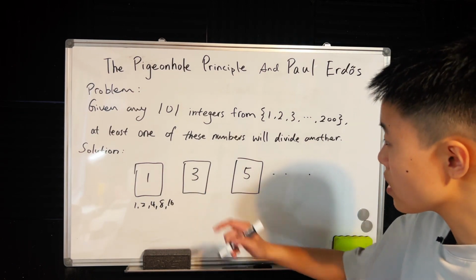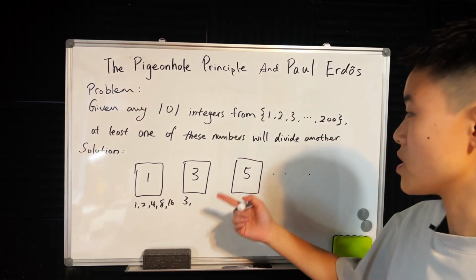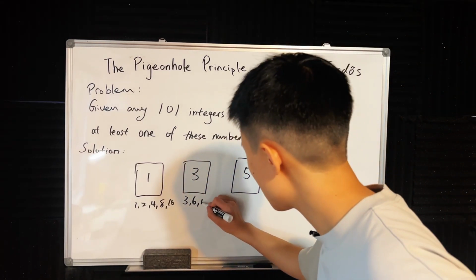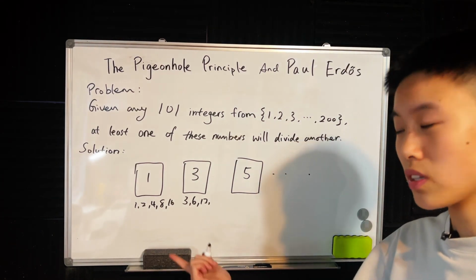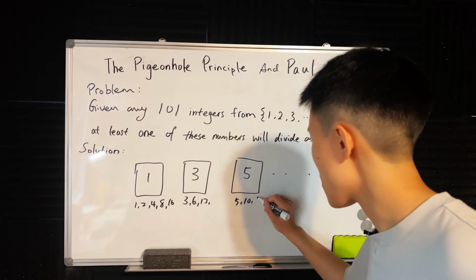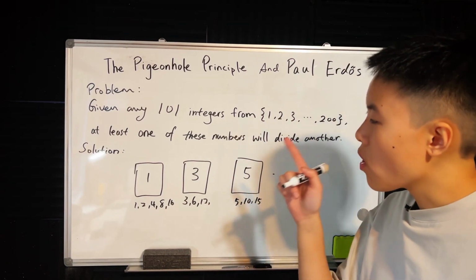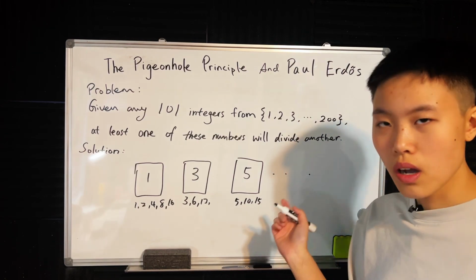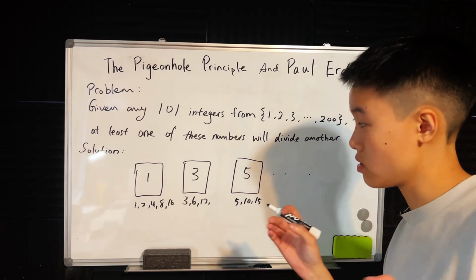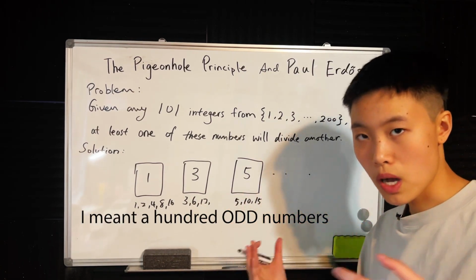And box number 3 would contain 3. It will contain 6, and it will contain 12. I hope you get the gist of it. So box number 5 will contain 5, it will contain 10, it will contain 20, and so on. And when all these numbers are listed out, there will be 100 boxes, one for each of the 100 odd numbers.